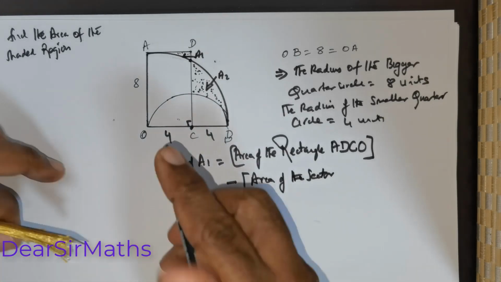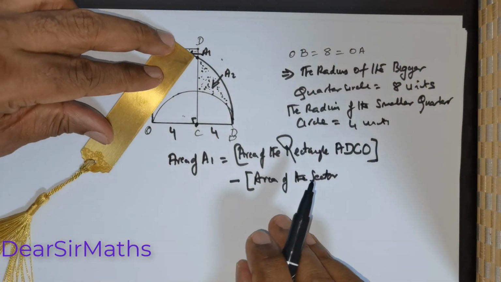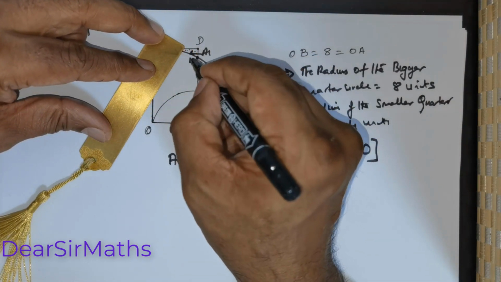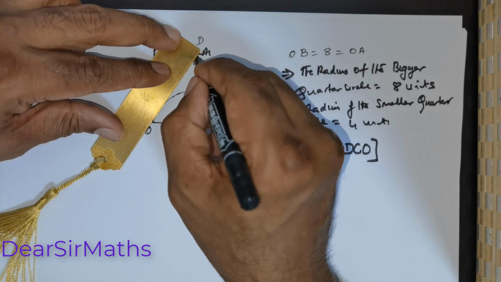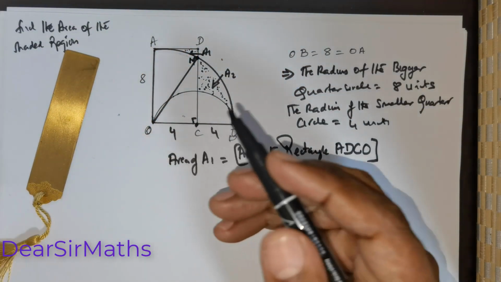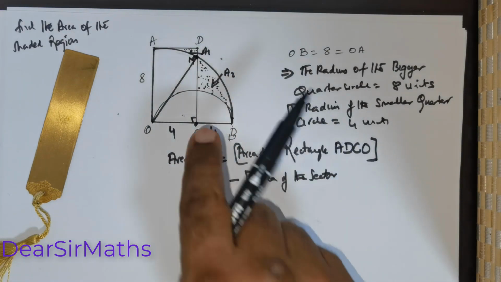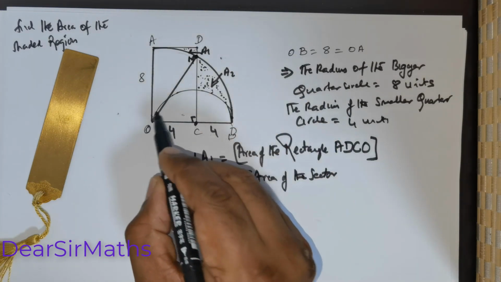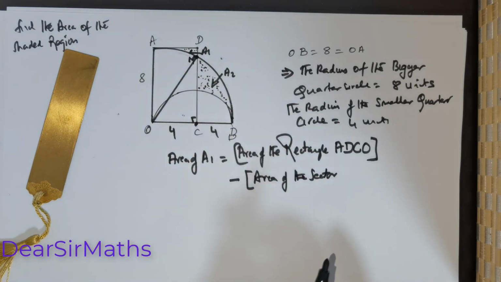We know that this entire angle is 90. Now what I wish to do is I'm going to draw a line from, let me take this point as some M. So from M I'm going to draw a line to O. Now you might be wondering, what angle should I take here? Now clearly you can see this is the larger sector, this is the smaller sector. So what I wish to do is I would like to divide 90 into 30 degrees and 60 degrees, right?